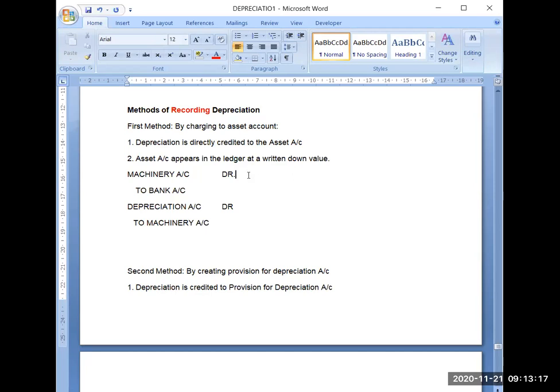Suppose we have purchased a machinery for rupees 1 lakh, and then we have charged, suppose, depreciation of 10,000 on this machinery. Then after charging this depreciation, can you tell me what will be the written down value of the machinery now?